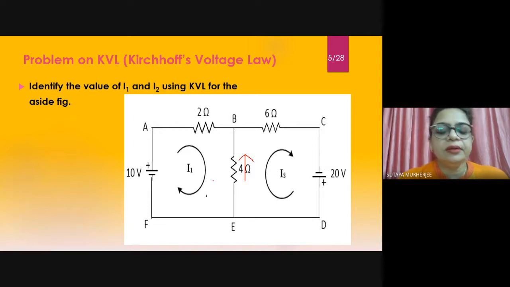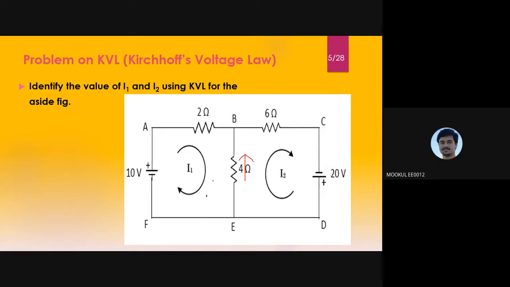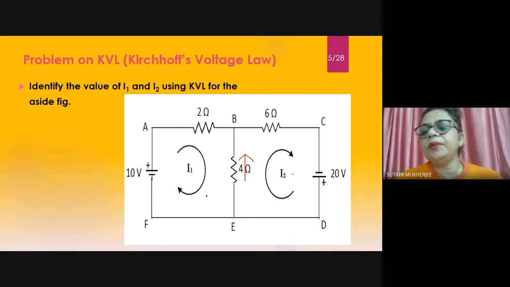Have you written the equation? After that, I am considering this loop number 2. So Nandini, can you tell me what will be the equation if you consider loop number 2?